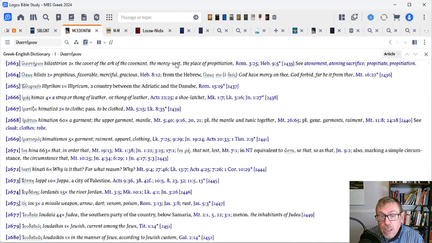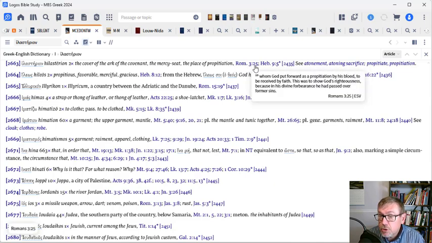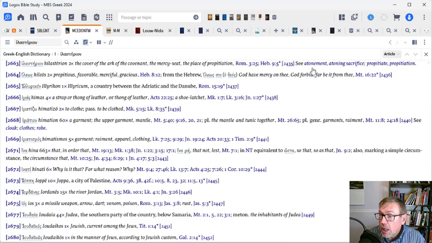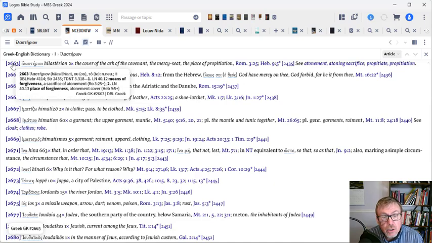And then he gives his definitions here, covering the ark, and then the mercy seat and a place of propitiation. Then he's saying his definition applies to Romans 3:25, and he's giving you some other verses. Notice that he gives this number, and it goes to the GK numbering system, and we could click on that and get to a different listing of it.